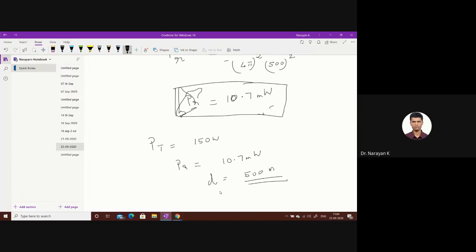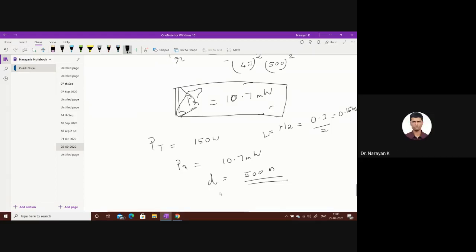Why has he not told which antenna you are actually using? He is telling a lossless isotropic source. That means it is radiating equally in all directions. Suppose you are using a lambda by 2 dipole antenna. What will be the length? 0.3 by 2, that is equal to 0.15 meters.